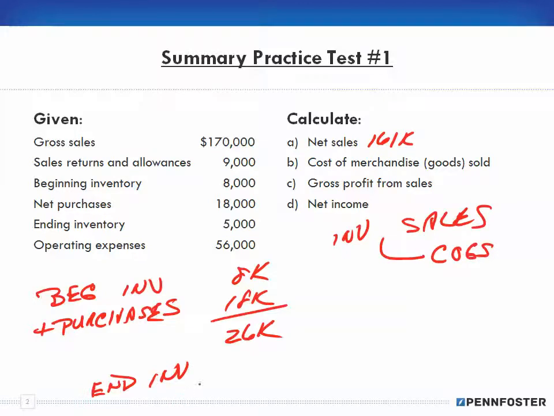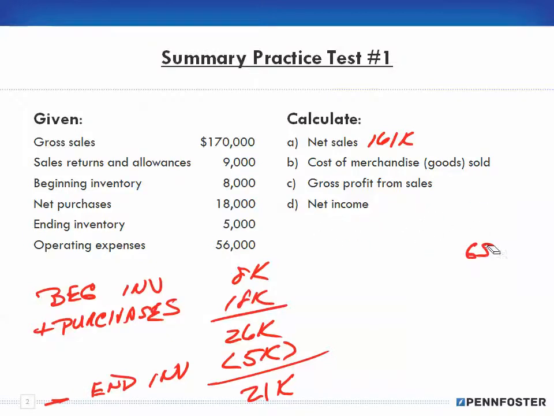Whatever amount that is, in this case here it's $5,000, we're going to subtract out that ending inventory, and that will give us, in this case, $21,000 worth of stuff that was sold. That is what becomes our cost of goods sold. So we're at 21,000.